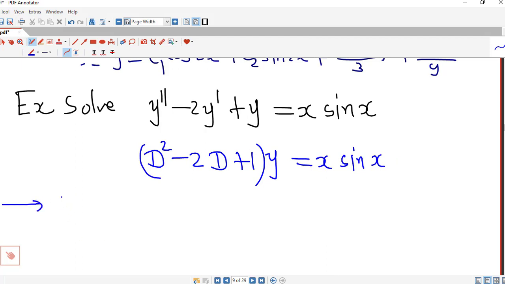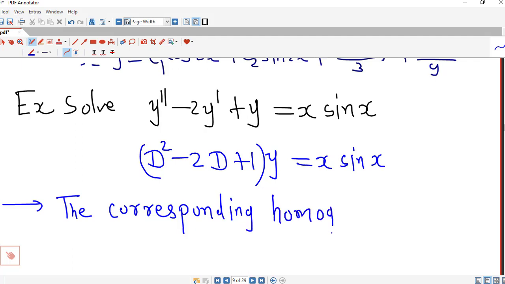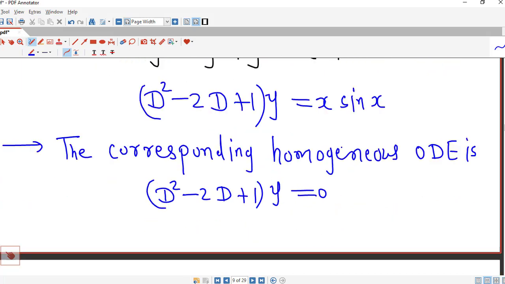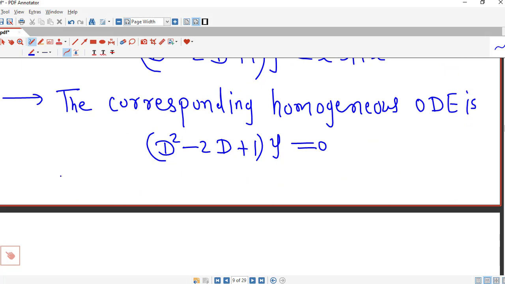Now first we write down the homogeneous differential equation corresponding to this equation. So the corresponding homogeneous ordinary differential equation is D square minus 2D plus 1 of y equal to 0. So now we solve the auxiliary equation.